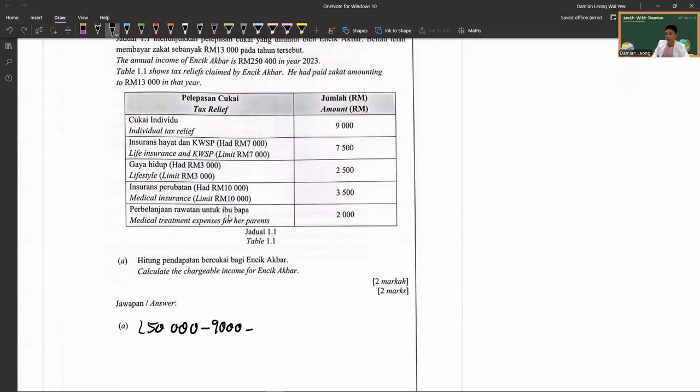Minus this one 7,500, but the limit is only 7,000. So we only minus 7,000. And for lifestyle, 2,500. Medical insurance, 3,500. And medical treatment expenses, 2,000. So we calculate.